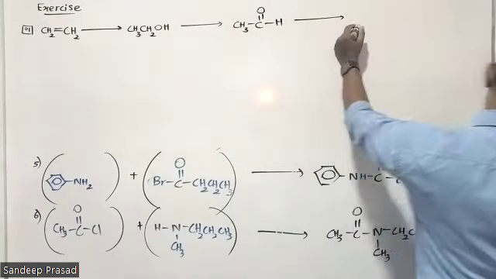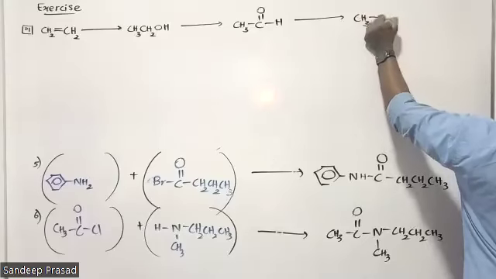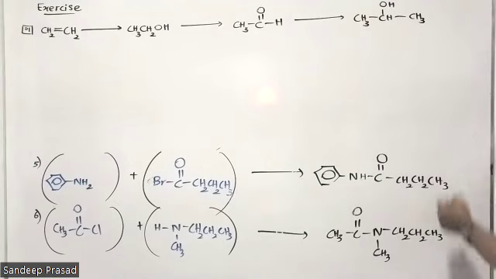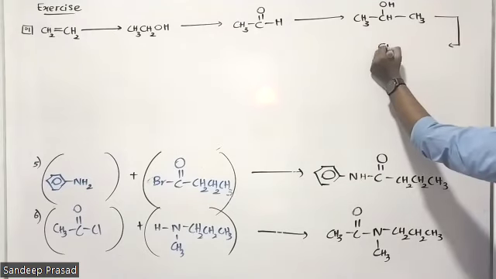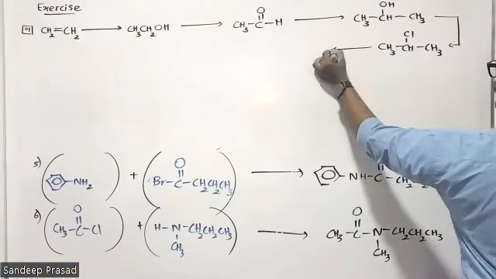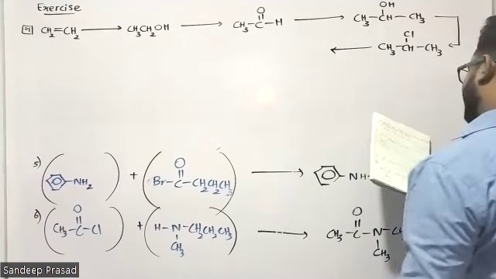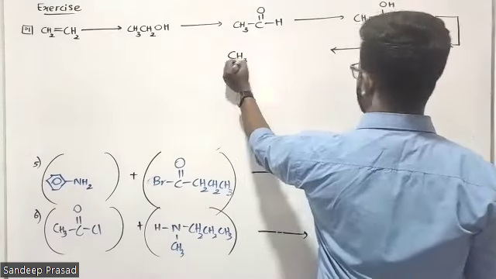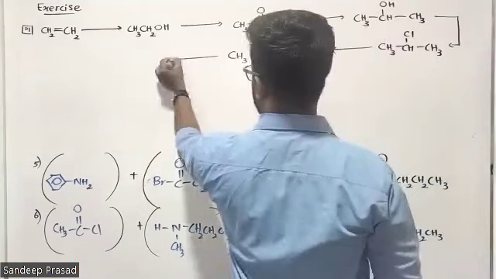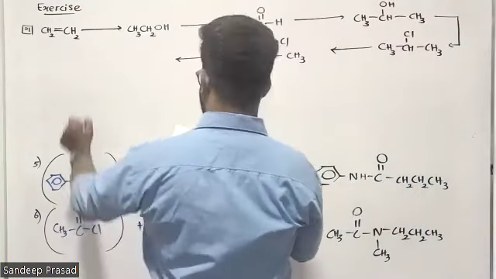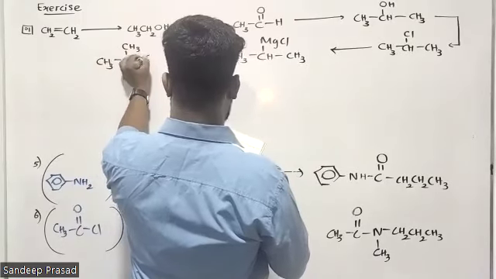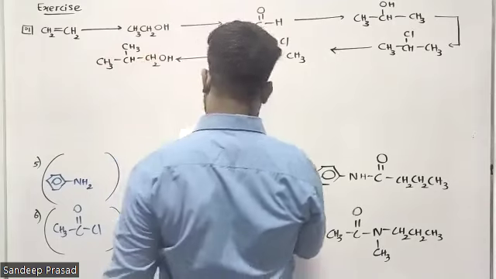Ethanol. 2-propanol. 2-chloropropane, alkyl halide. Then producing Grignard reagent. Having an alcohol like this, it's a primary alcohol.